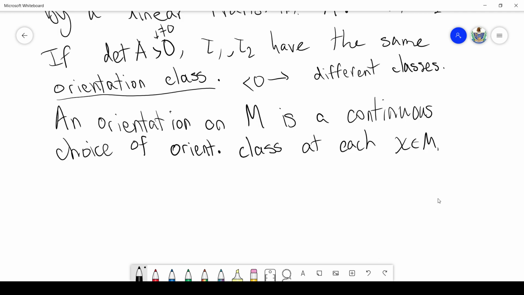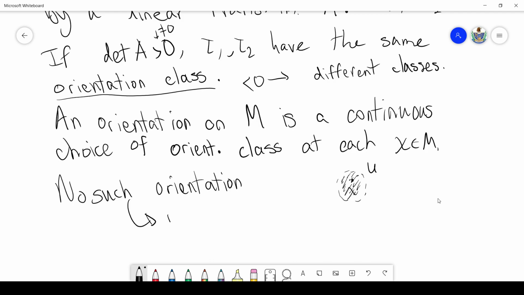The continuity means that at each point, we can find some neighborhood where all of the orientation classes within this neighborhood are the same orientation class. And if we can't pick an orientation in this manner, this means it's non-orientable.